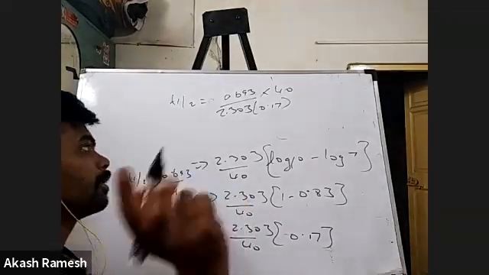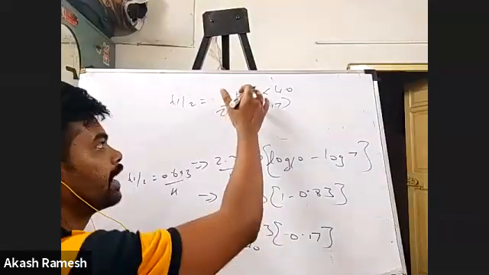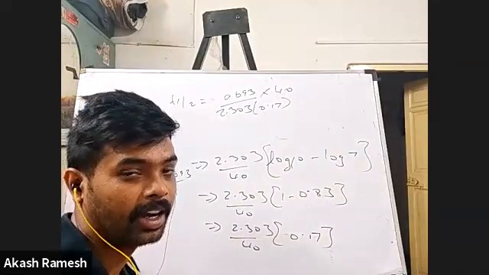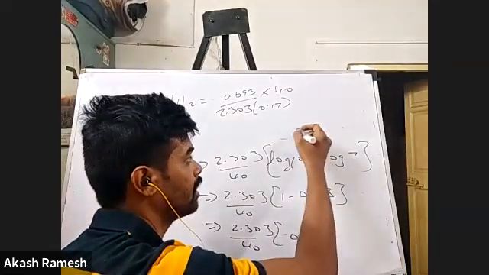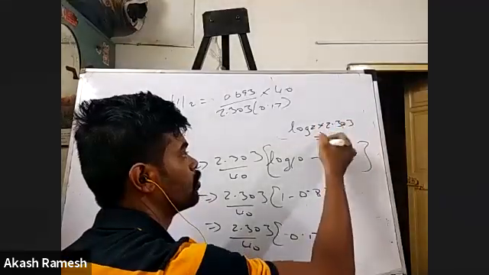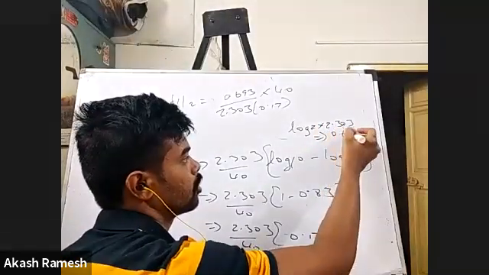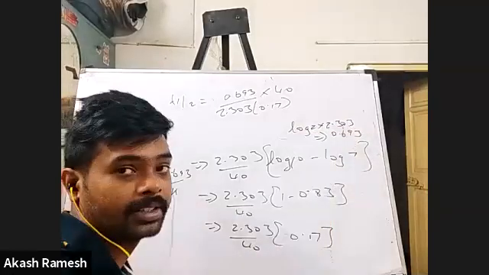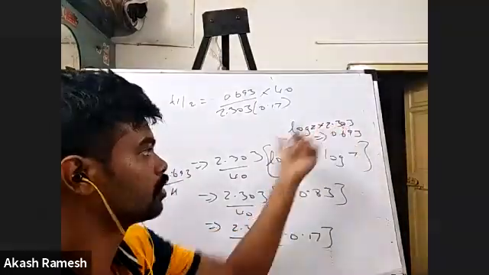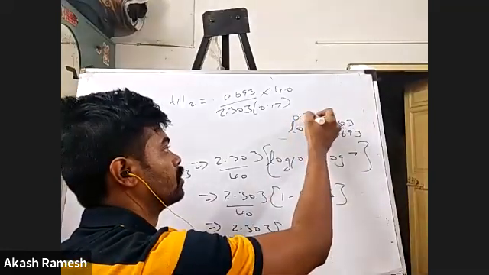So guys, if you can remember one thing, how did you get the 0.693? That's actually going to help. You got 0.693 from log 2 into 2.303. This is how you got 0.693. So log 2 value is 0.3010.